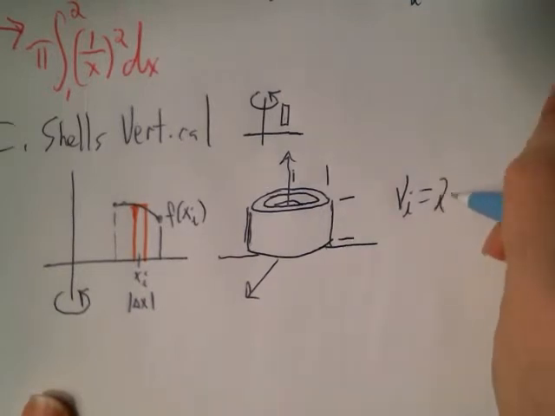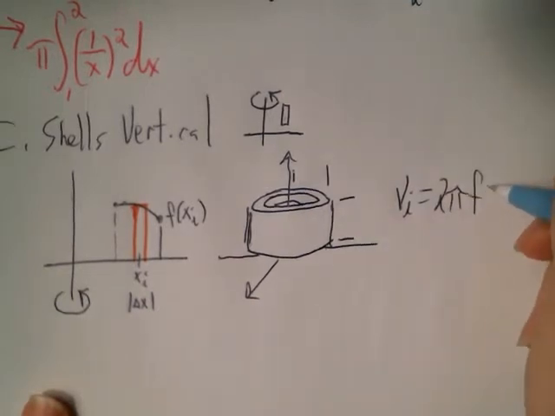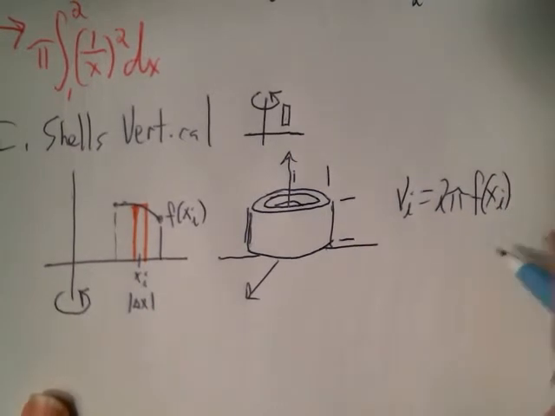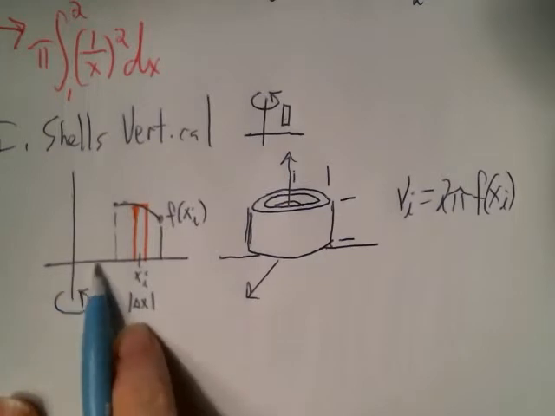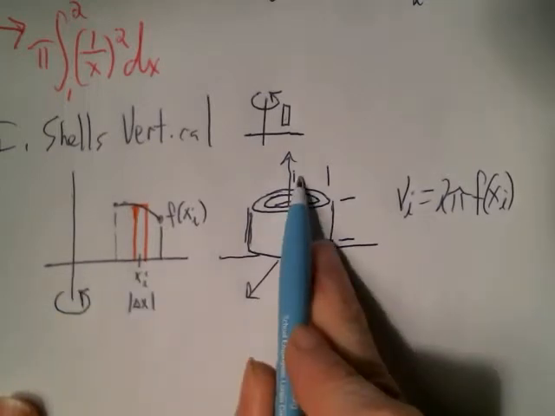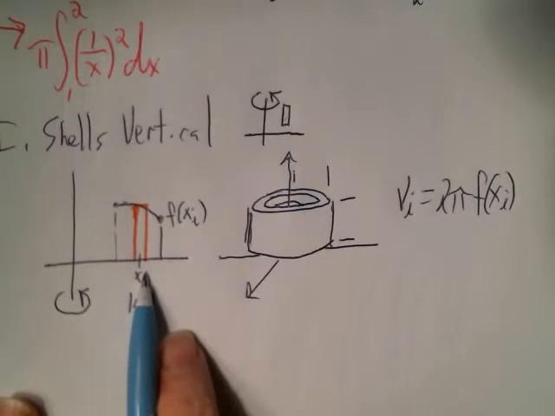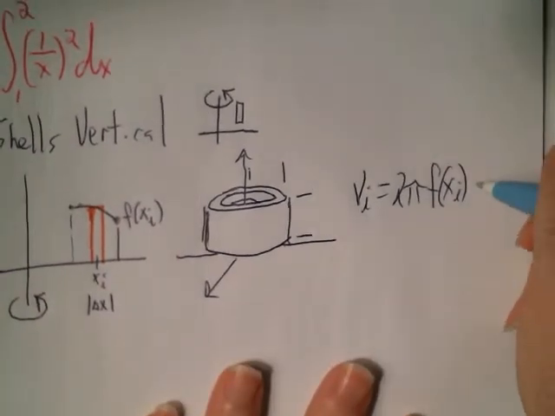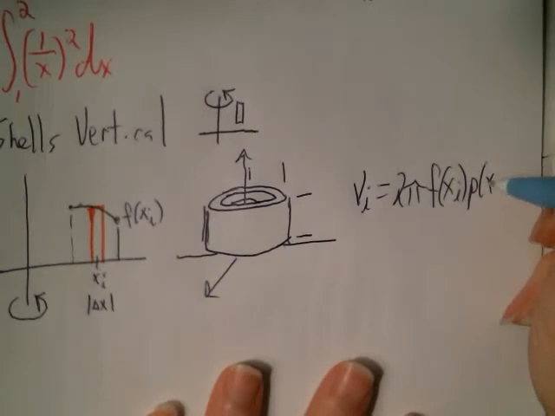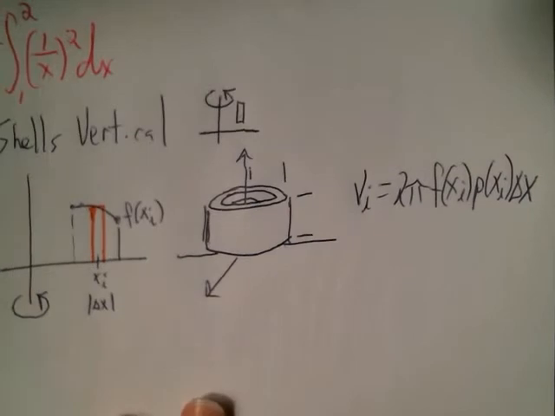And of course we want 2 pi f of x sub i. And then we need this dimension here, which we'll call some sort of radius function. But in this case, it's just plain old x sub i, right? But in general, we'll want sort of a radius function like last time. And then, of course, change in x for the width.